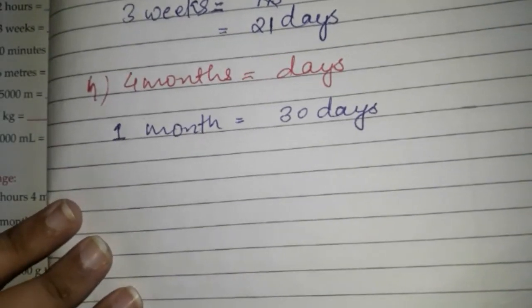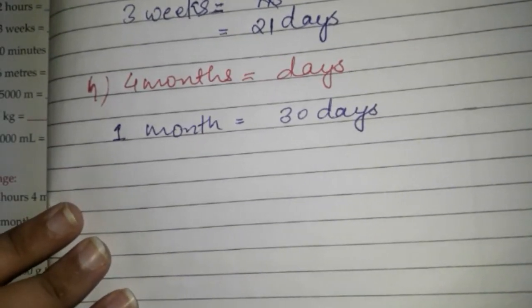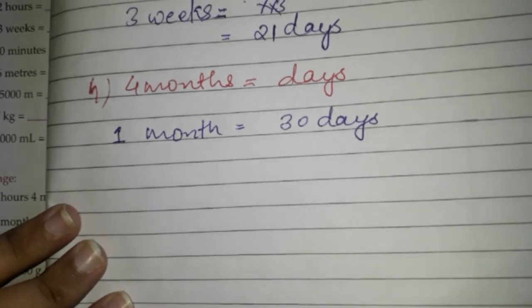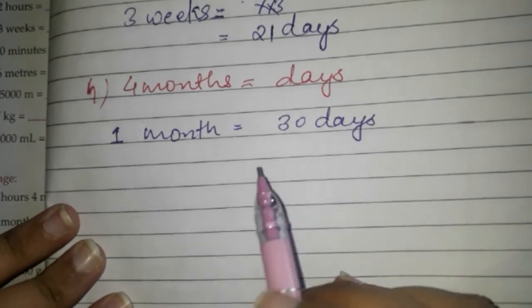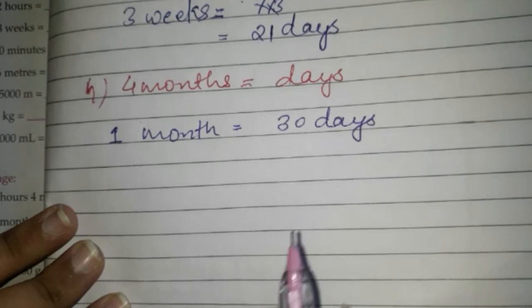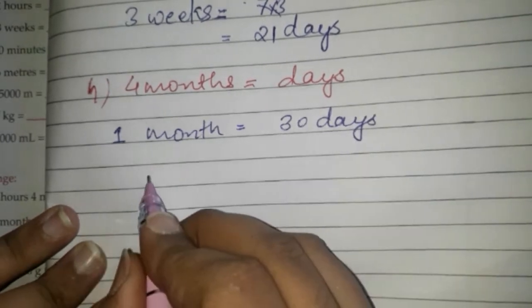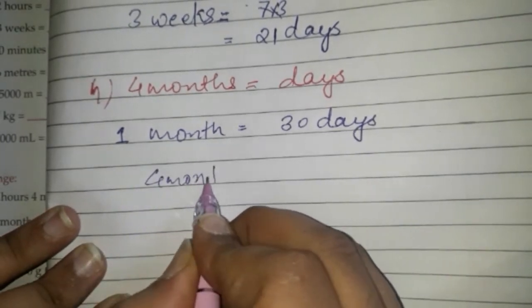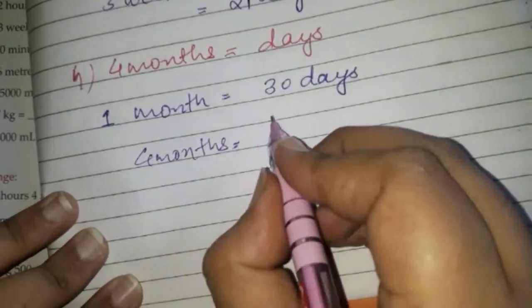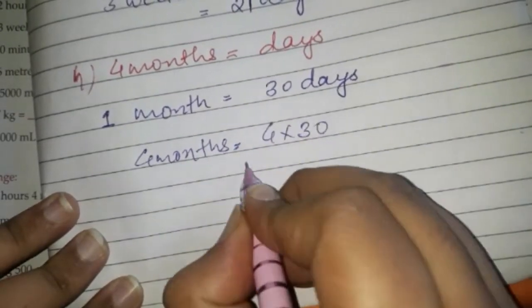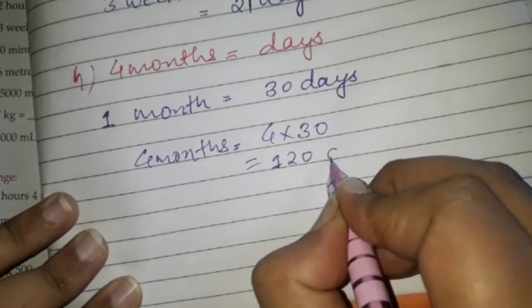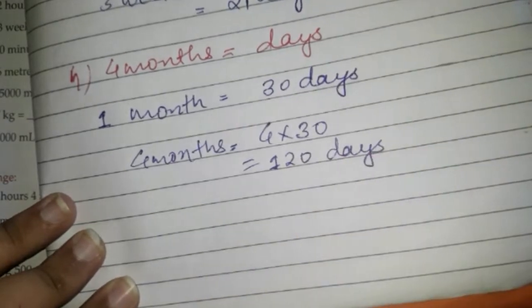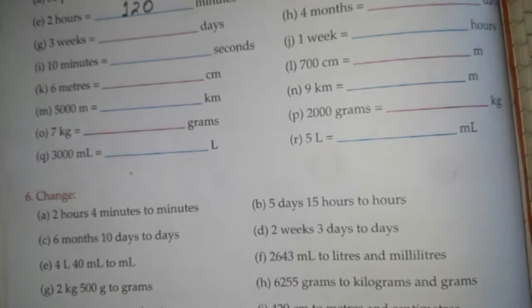Some months have 31 days. February has 28 days, and in a leap year it has 29 days. So as a standard we are taking 30 days. 4 months would be 4 into 30. That means 120 days.